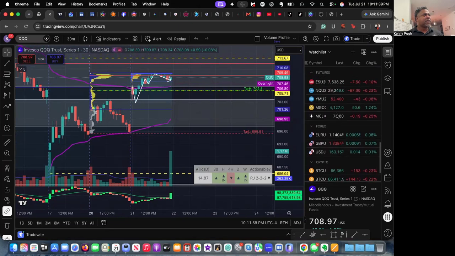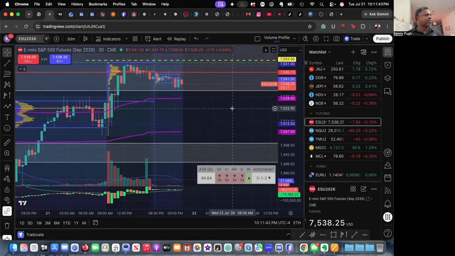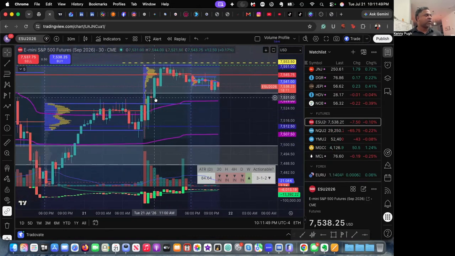And then let's take a look at ES. ES would have been a similar state of the market. Of course, we have overnight action that's taking place here, so we're really only looking at what took place overnight. We saw an initiative move up overnight. We saw this range or balance action.